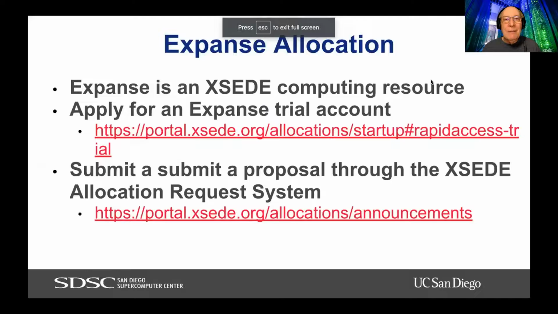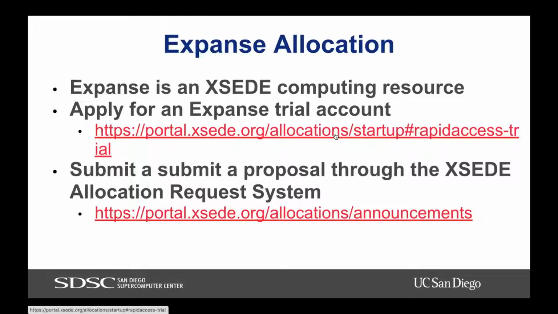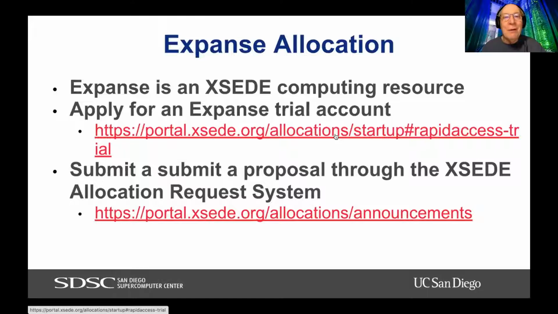First of all, you can get a trial account, which gives you 1,000 CPU hours on Expanse by going to this. And that goes really rapidly. I think you can get that probably in a few days. And then as you get familiar with the system, you can submit a small proposal to ACCESS and get a larger allocation there. I think you can also get a startup account there with 50,000 CPU hours and 2,500 GPU hours.